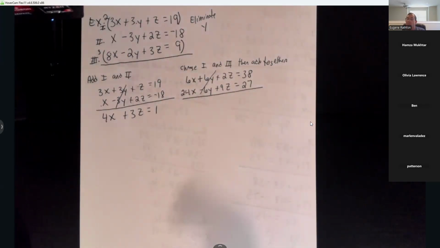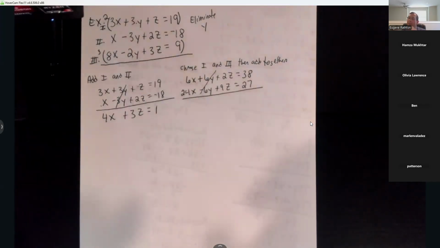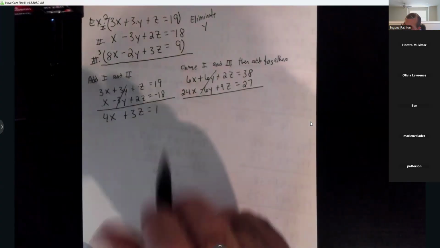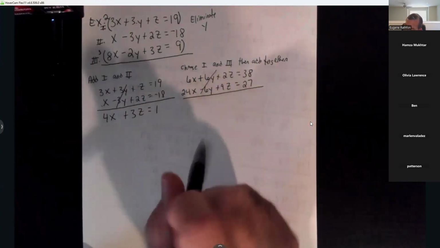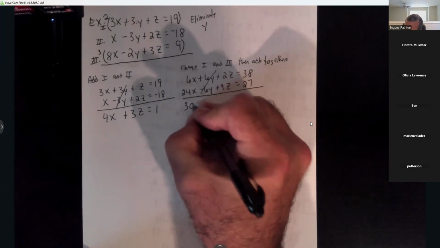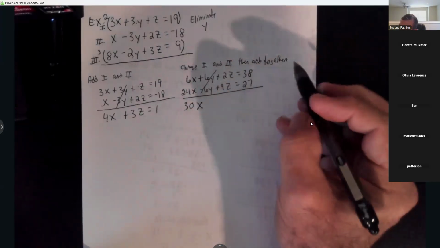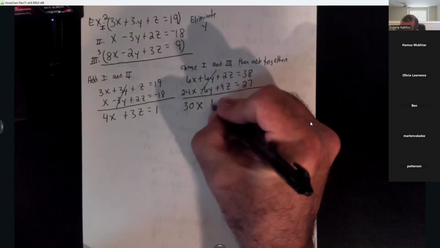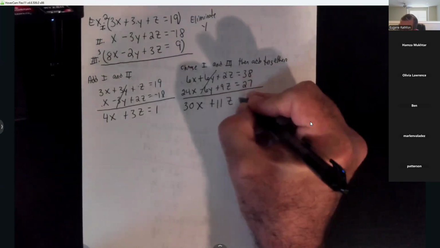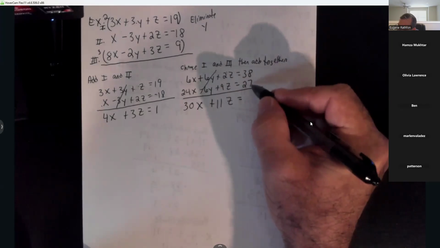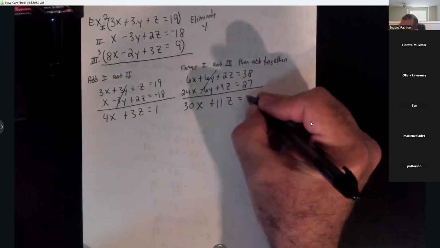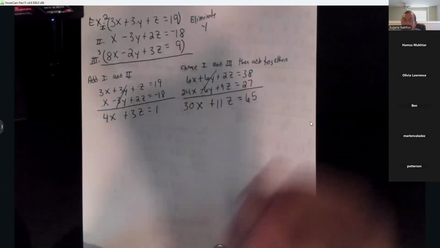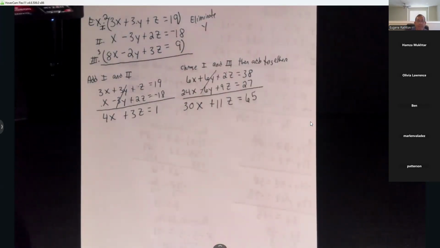Sometimes you have to change one or both of those equations to eliminate that variable, okay? All right, let's see what we get. 6 and 24, that's 30x. The y's canceled. 2 and 9 is 11z. And then 38 and 27 is 65.